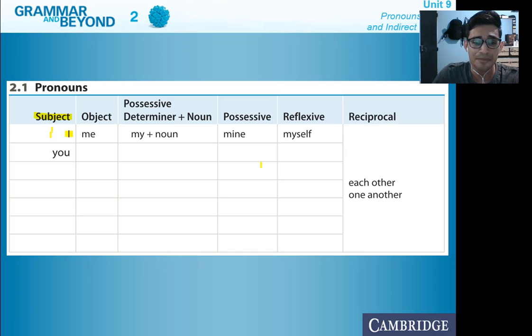We have another subject, which is you. We have the object, you, it doesn't change. We have the possessive adjective. Remember that these ones are not pronouns, but they are adjectives, okay? Or determiners, they call it as well, so don't worry. Then we have the possessive pronoun, which is yours, the reflexive one, which is yourself.